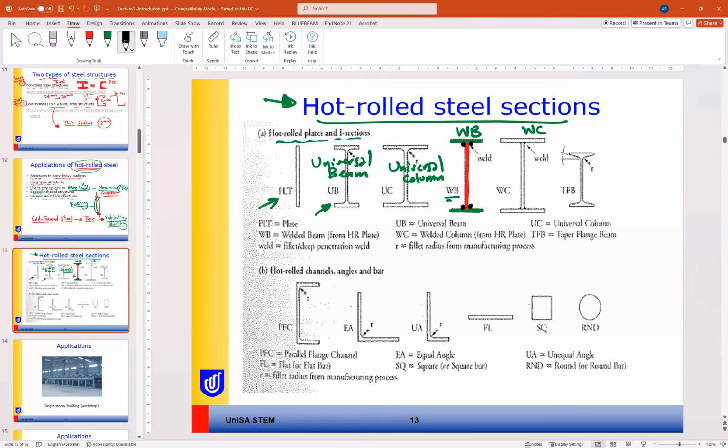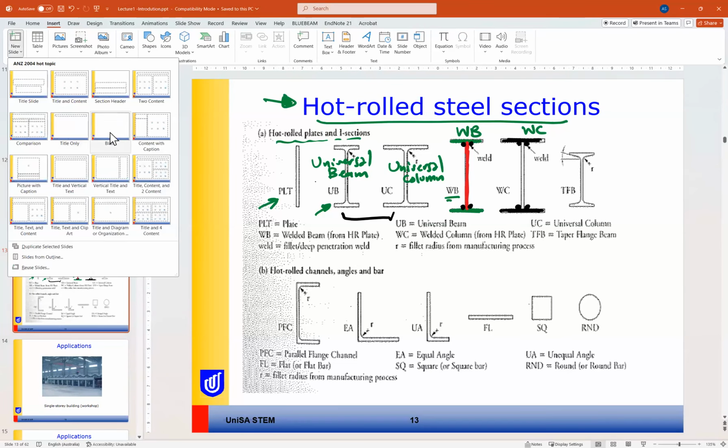For the welded column, same. So we have top flange, bottom flange, and this is welded to the web. Okay, but universal beam and universal column are hot rolled in the factory or manufactured as one element.